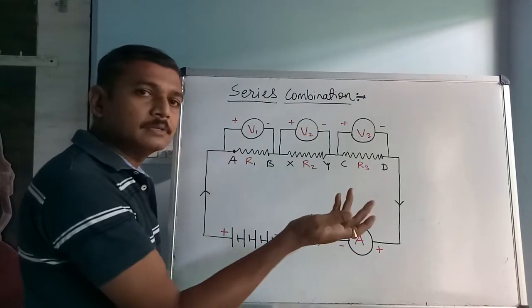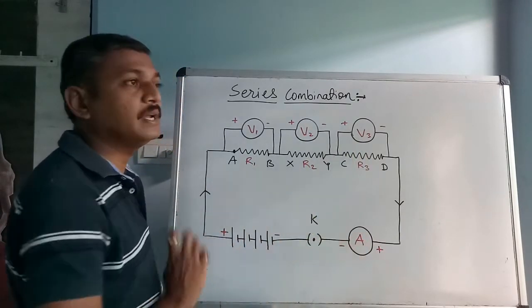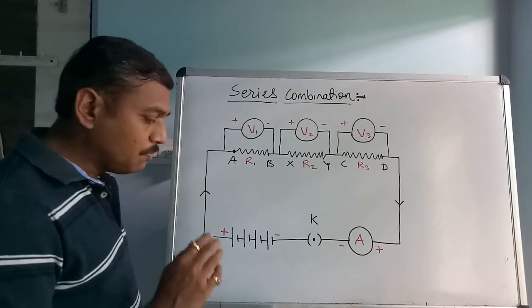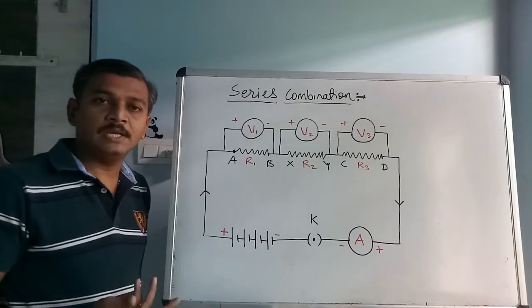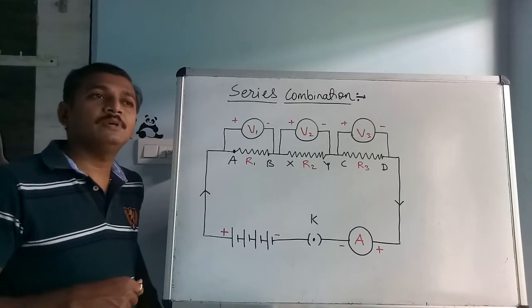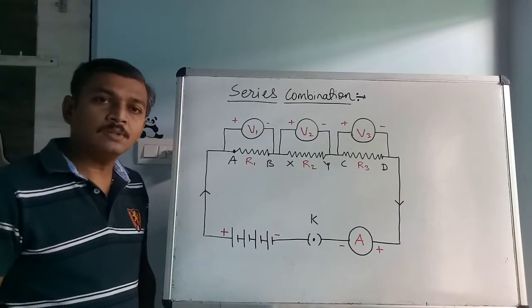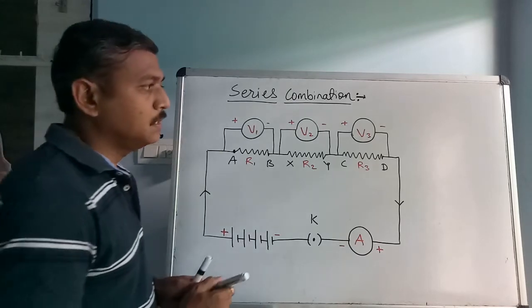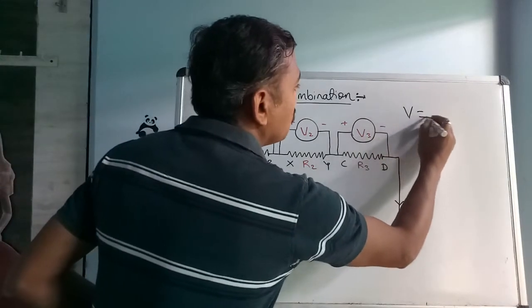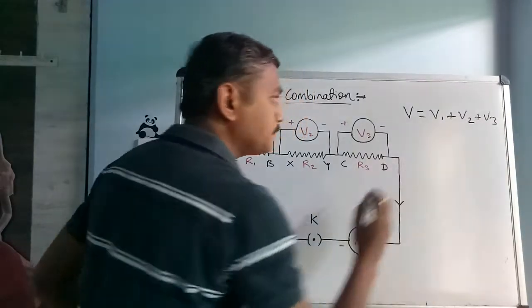Then we will measure the potential difference across R3 as V3, and we will get that reading also. After examining these three readings, we will come to a conclusion. That conclusion is V is equal to V1 plus V2 plus V3.